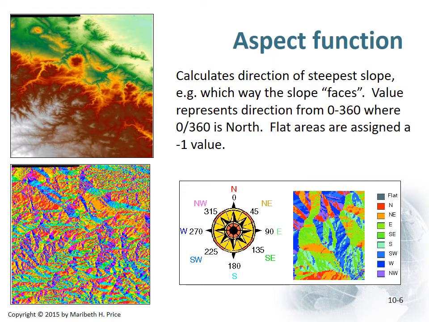Let's see here, if I remember right, when you save aspect, if you just export it as a data set, it will not save the multicolor combination by default. It'll turn up gray, so it'll look grayscale, which means it may look very similar to another output called a hillshade.